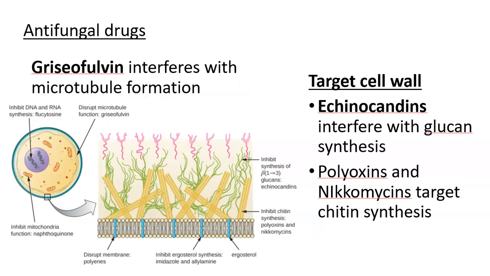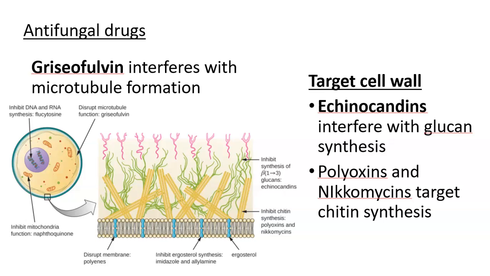If we look at the cell wall, again, there are some targets that we can find there. Your echinocandins over here are going to interfere with the synthesis of the sugar molecules that are used to make the cell wall for your fungus cell. And it's going to be similar to what we see with our peptidoglycan cell wall disruptors.